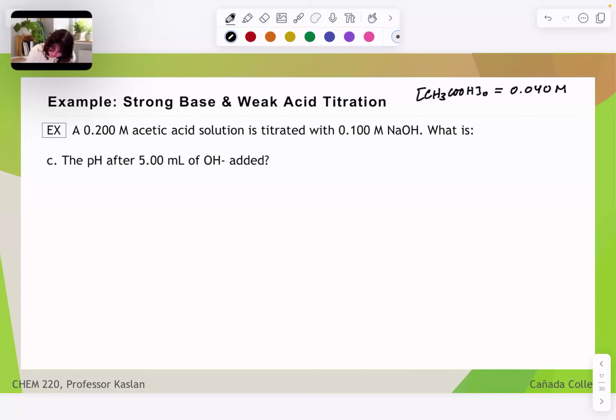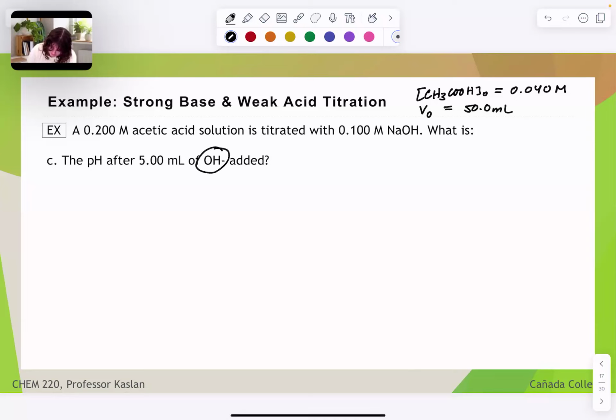And we are also going to remember that the initial volume of our sample was 50 milliliters. All right. So I'm going to write out what's going on in the beaker.